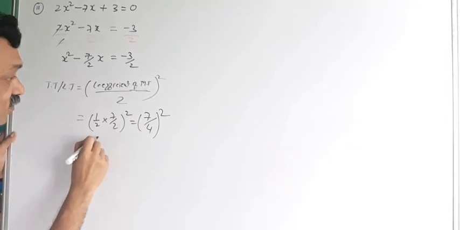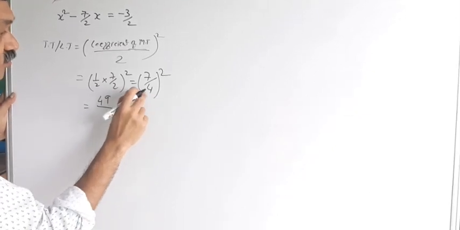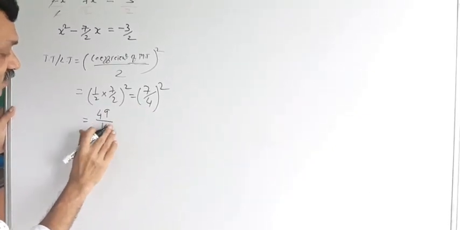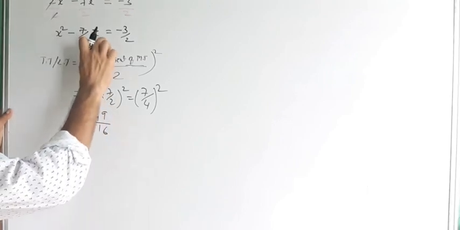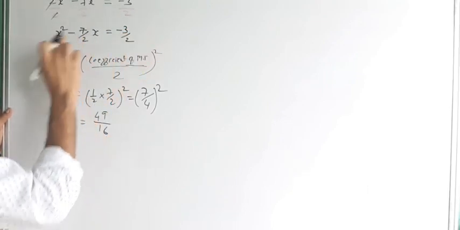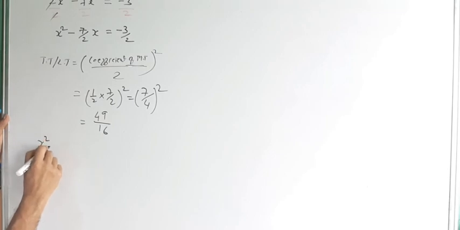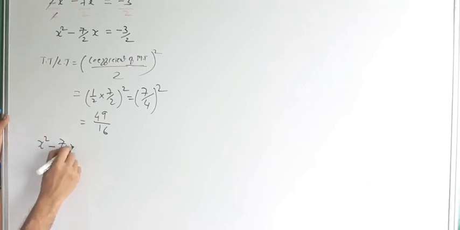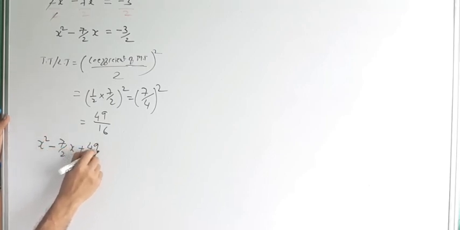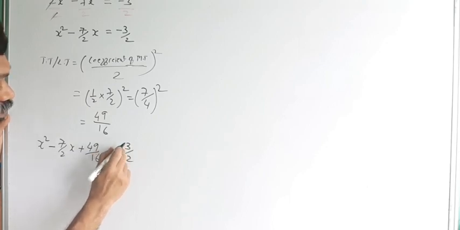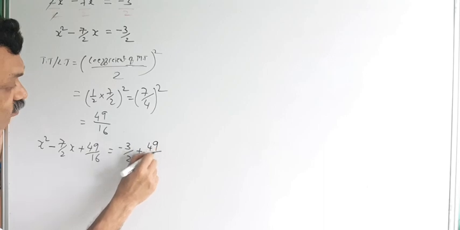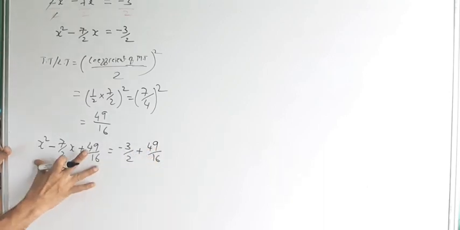This will give us 49/16. So add 49/16 to both sides, because this is our third term. So x² - (7/2)x + 49/16 = -3/2 + 49/16. Now this has become a perfect square.